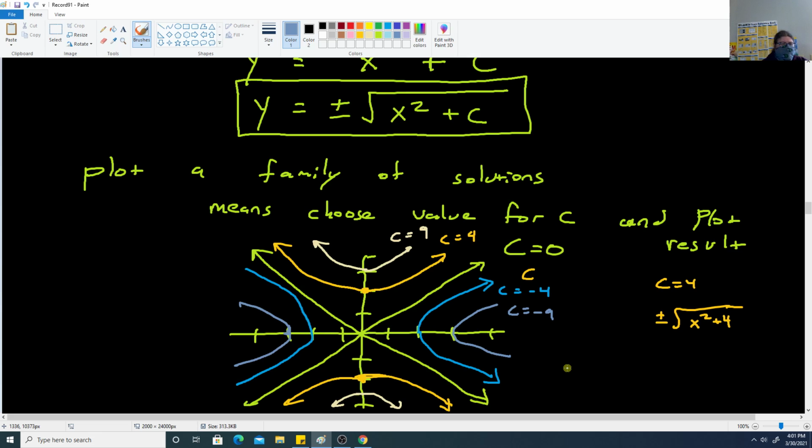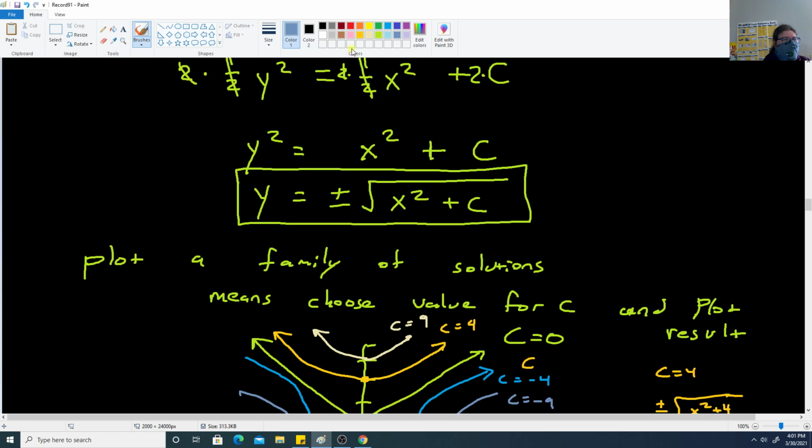So if you want to plot a family of solutions, basically you choose different C values. A lot of times it's easiest to choose them so that I can tell where these come down and hit the y or the x-axis. That is why I chose 0, 4, and 9, so that when you put 0 in for x squared, the square root's easy to calculate.